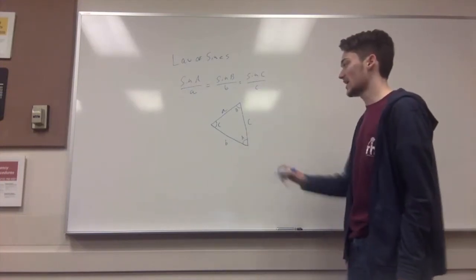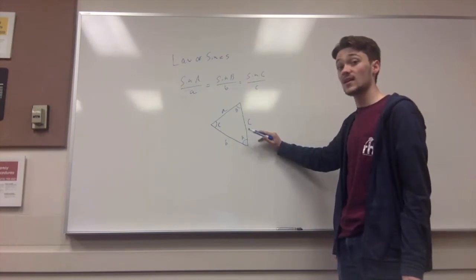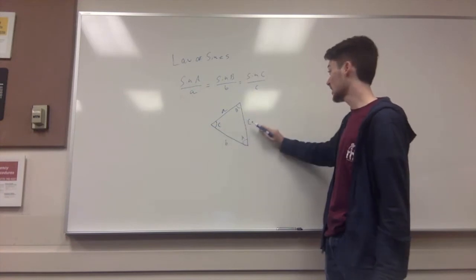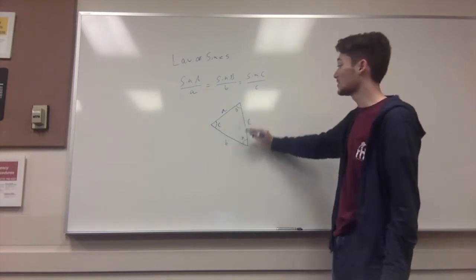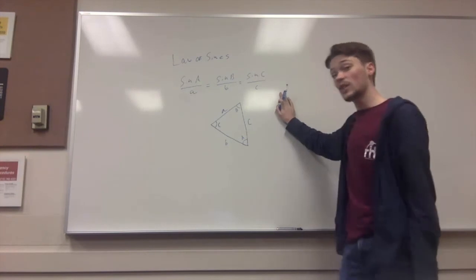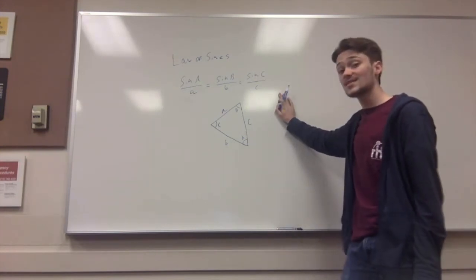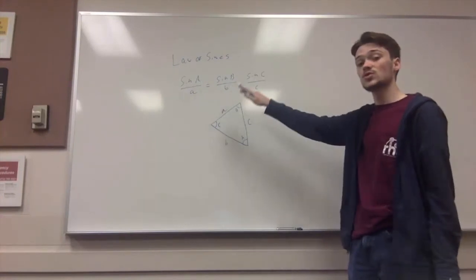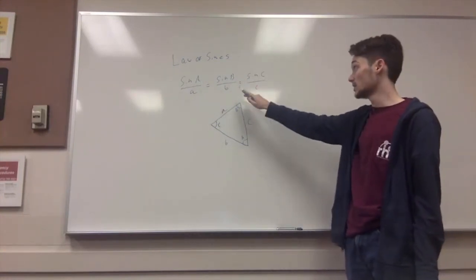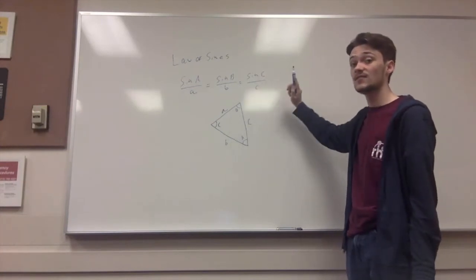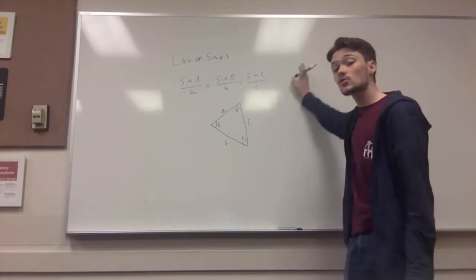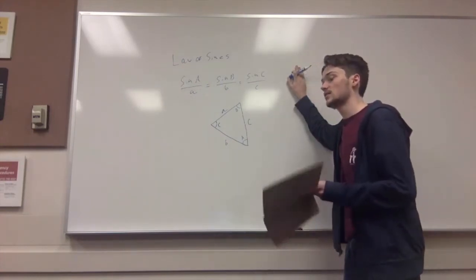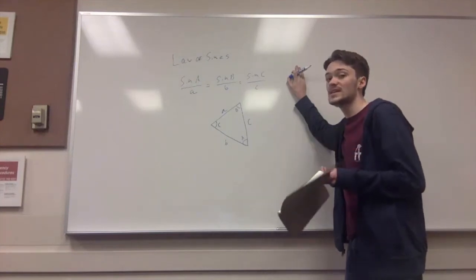So if you notice that angle A down here is opposite to side A, and angle C is opposite to side C, and angle B is opposite to side B. Since we know that all this stuff is proportional, we can say that sine of the angle A over A is equal to sine of the angle B over B is equal to sine of the angle C over C. Now this is really important because it allows us to find values in systems of vectors that we don't know.